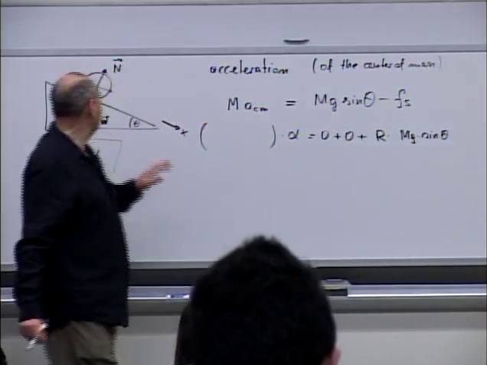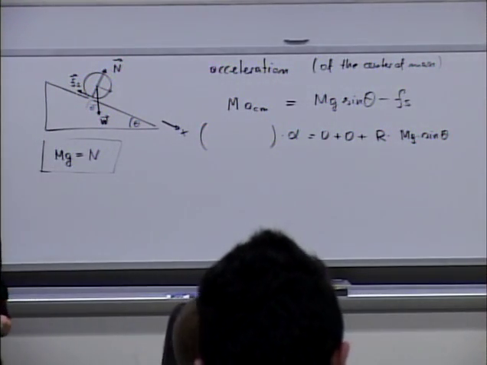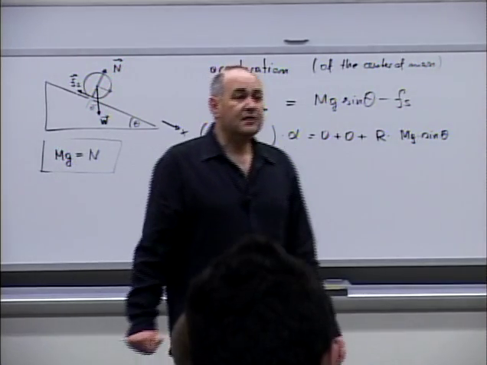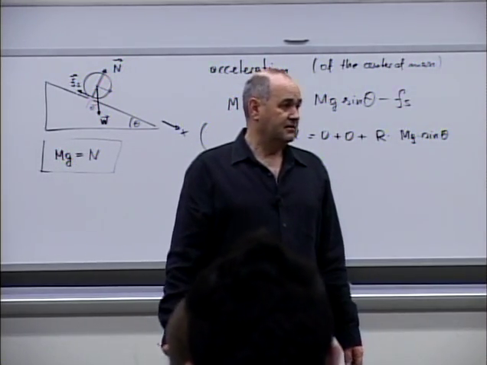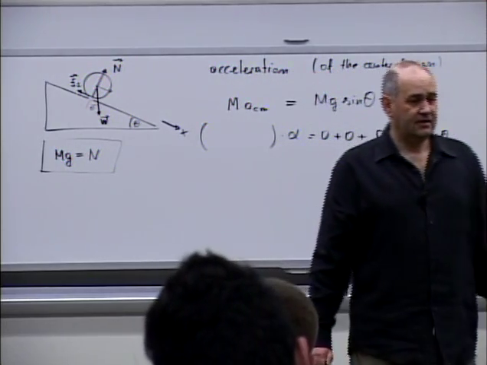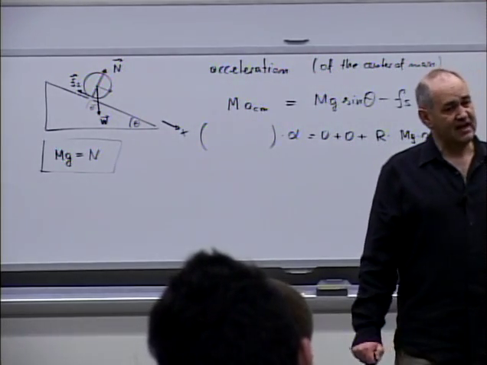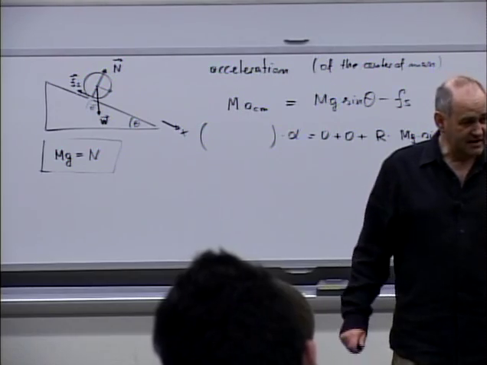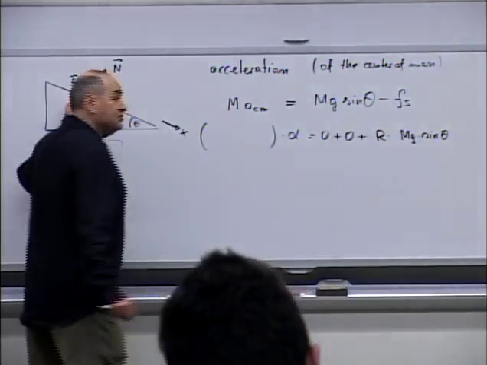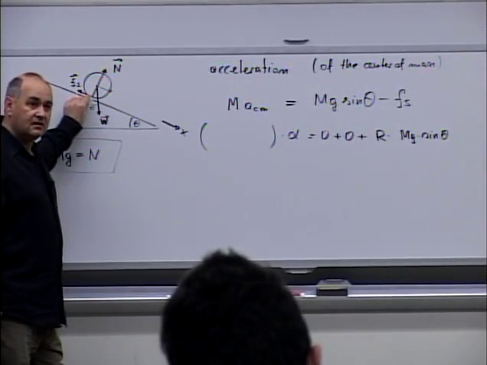Now I have to use the moment of inertia. If you look at the tables, the moment of inertia of a disk about the axis passing through the center of the disk is going to be 1/2 mass times the square of the radius. So how can I find now the moment of inertia about this point?